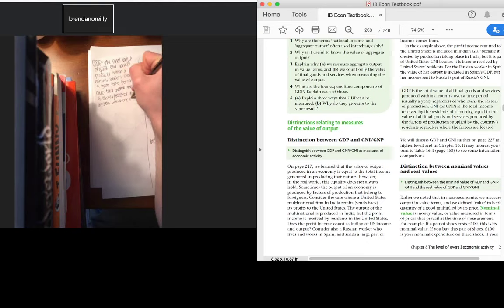The way they measure this is, basically, it doesn't have to be produced within the borders of the nation, but if there's a certain citizen, let's give an example.